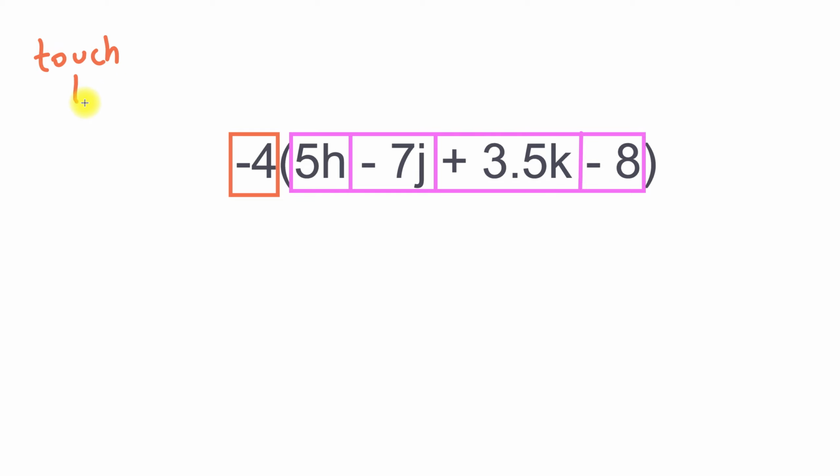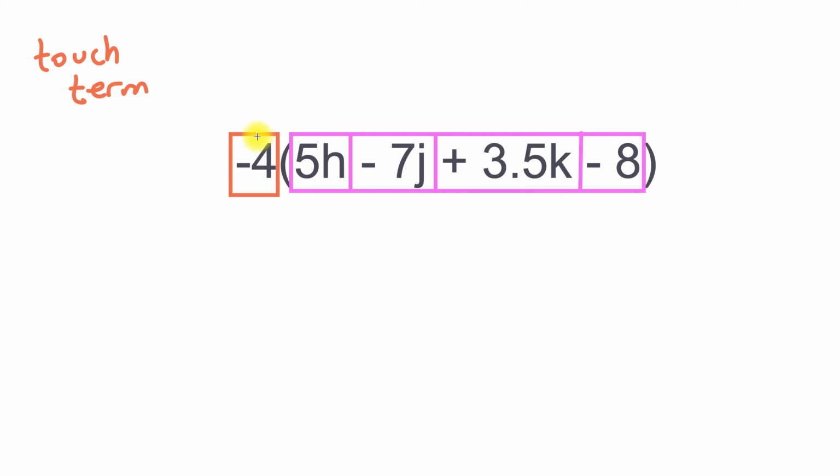And the reason why I like to call it a touch term is because that is the term outside touching parentheses. So we'll take that touch term and distribute it to each term inside the parentheses, which we've already broken up. So this should be nice and neat.